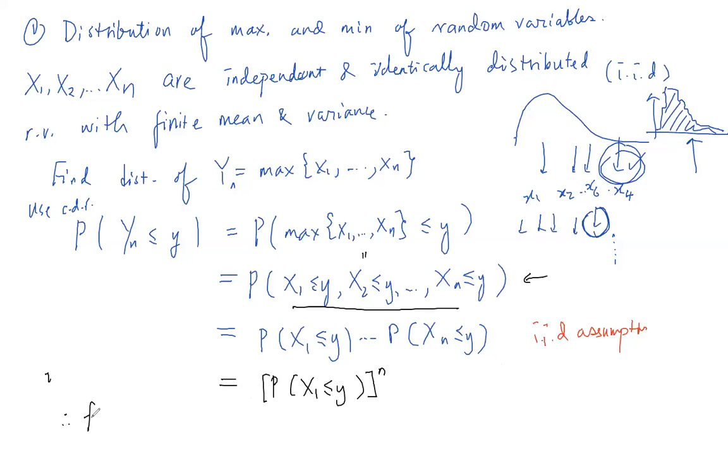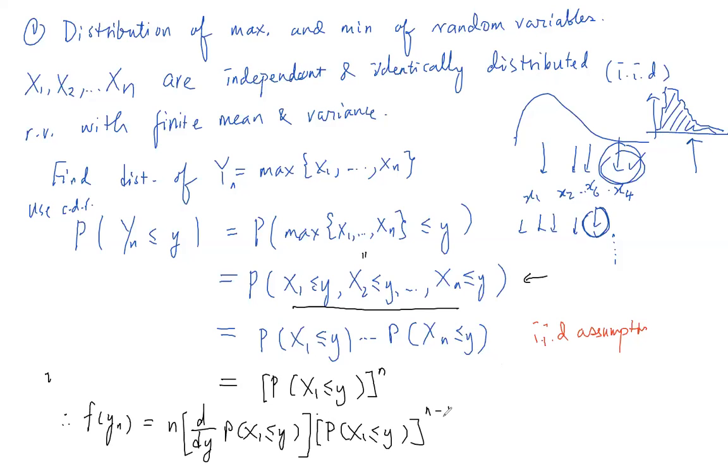So therefore, your density f_Yn will be, you take the derivative, n times the CDF of X1 to the power n minus 1, times the density.